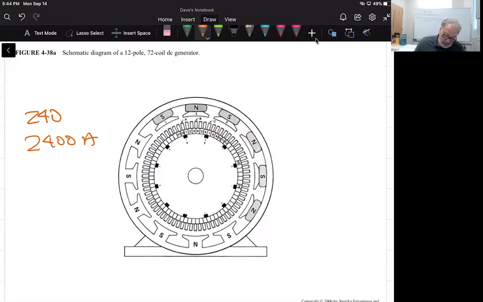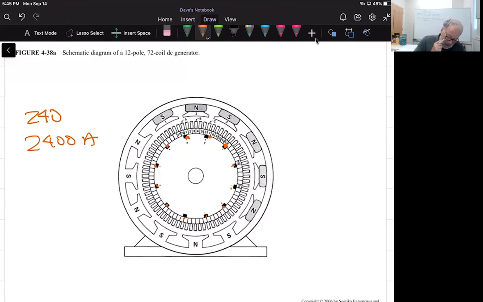So what he's saying here, and we'd go through the rating before we got to doing this problem, is that there's a current of 2400 amps that flows out of the positive terminal and back into the negative terminal of the generator. There are 12 brush sets. We can count them: 1, 2, 3, 4, 5, 6, 7, 8, 9, 10, 11, 12. And there's 6 that are positive and 6 that are negative.